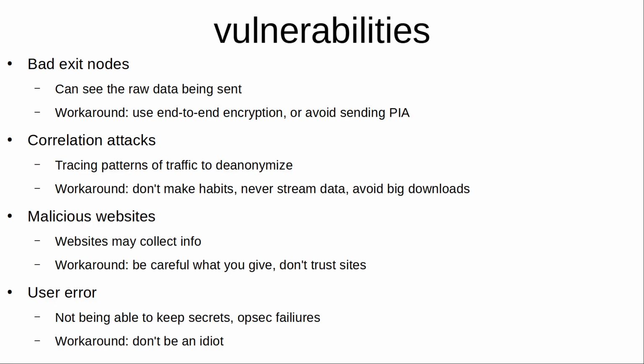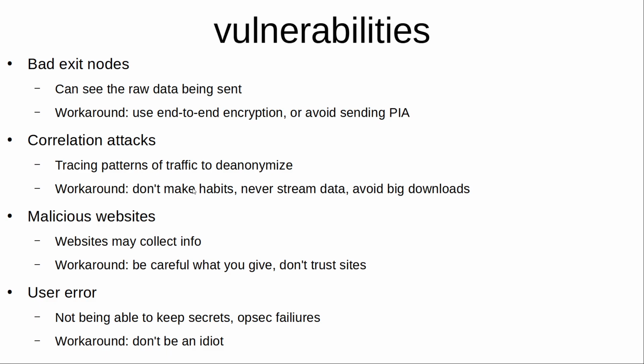So really only big governments can pull off these, but it's not impossible. So the workaround for this is don't make habits. If you're connecting, let's say, every day at 5 p.m. local time to a particular address, that's going to be pretty traceable, so you should avoid falling into patterns.